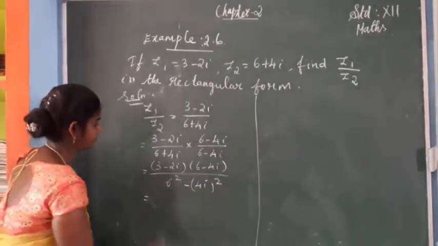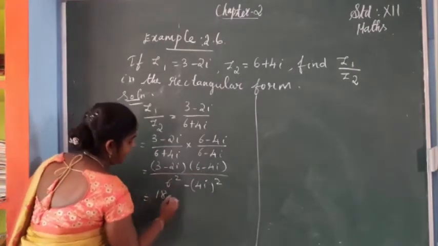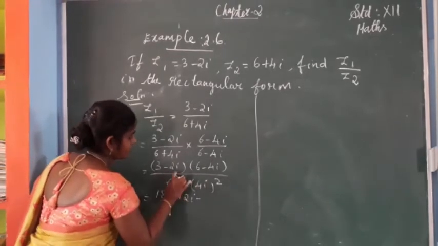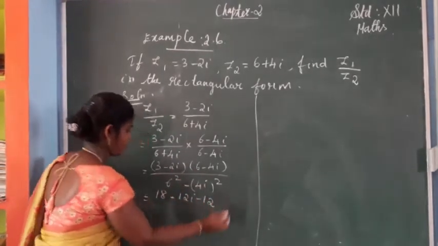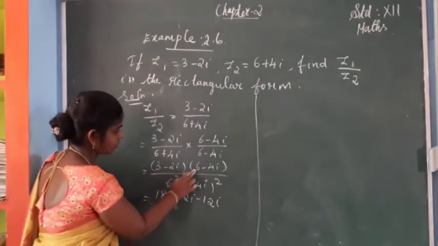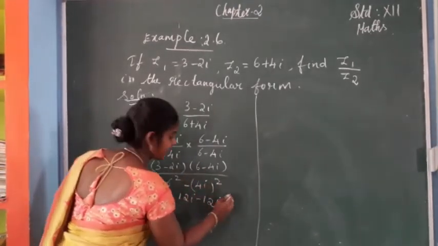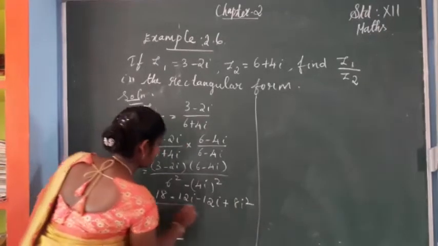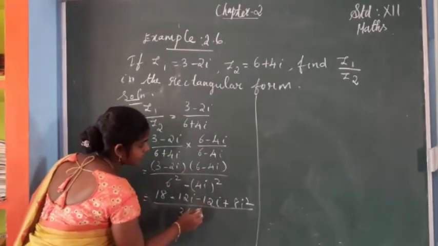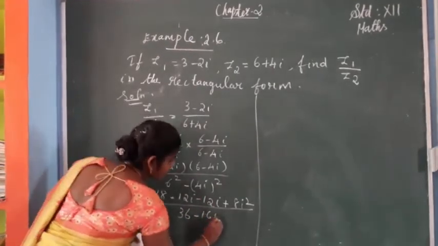So multiply 3 into 6, 18, minus 3 into 4, 12i, minus 2 into 6, 12i, minus the minus plus 2 4s are 8i square, divided by 36 minus 4 square, the value is 4 4s are 16i square.